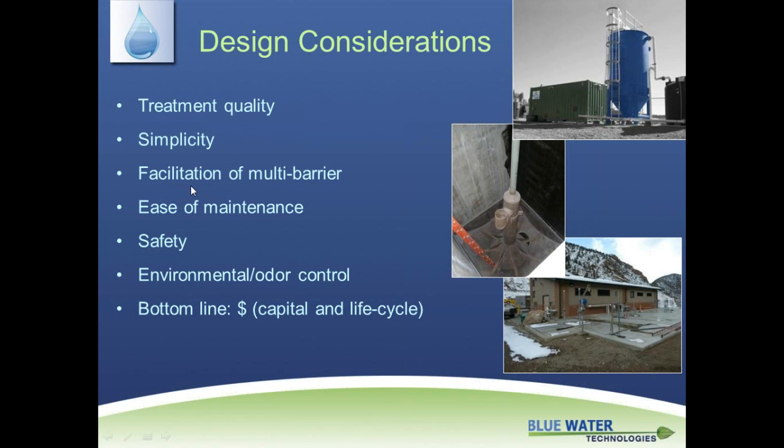Another design consideration is often a multi-barrier approach. Maybe not in every application, but in some applications they cannot violate their permit at all, and so they have a redundancy consideration.